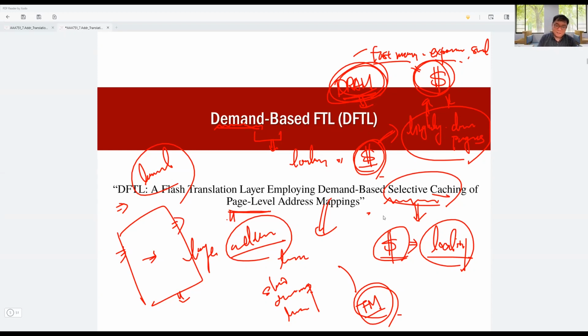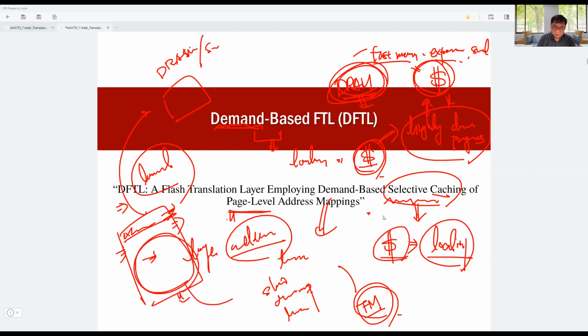So main idea is that the frequently used address mapping information is managed inside of DRAM or SRAM in SSD, and then the other entries of this page mapping table is stored in the flash memory.